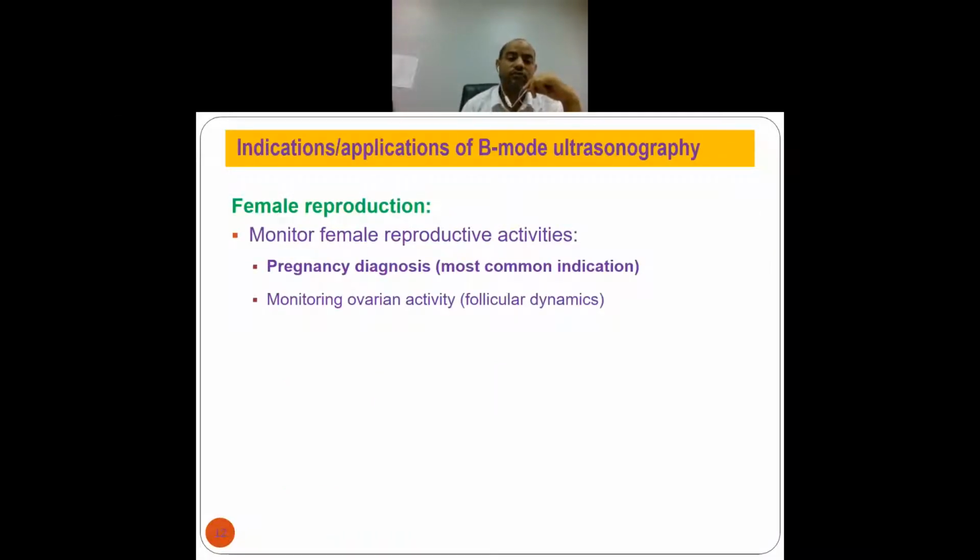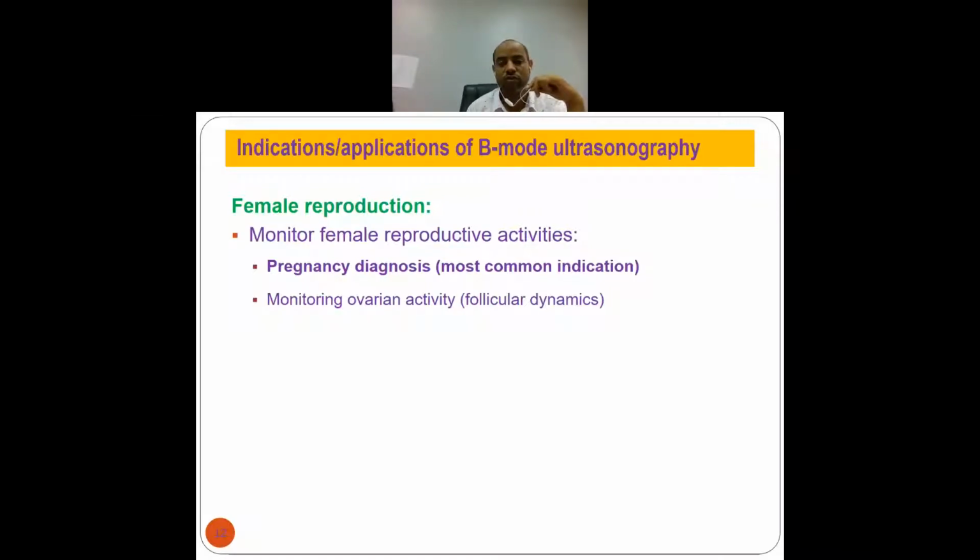All right, moving on to the indications. We know the basic principle behind it, the various components of the ultrasound machine itself, the different types of probes, and the modalities.